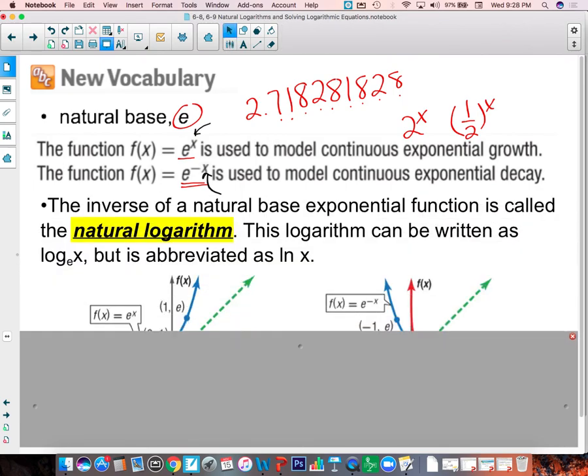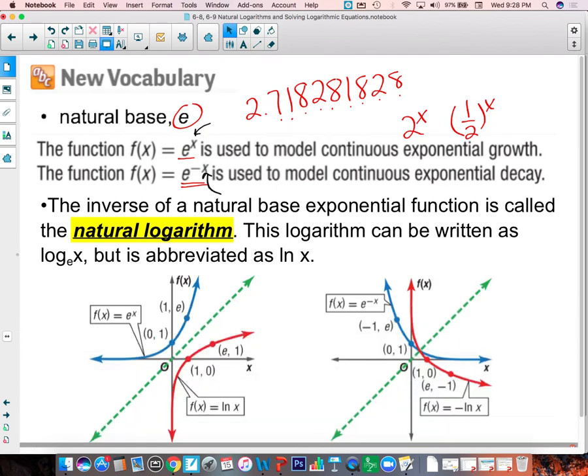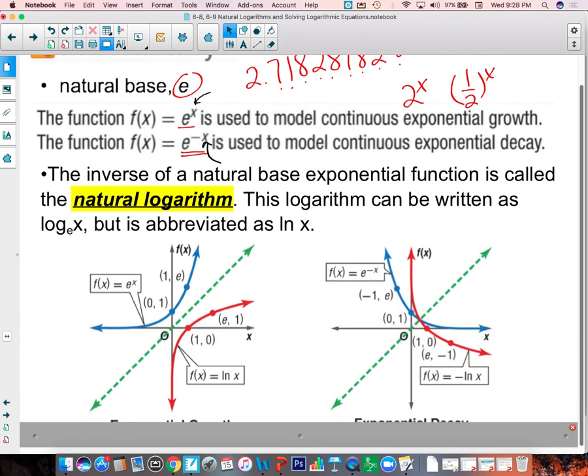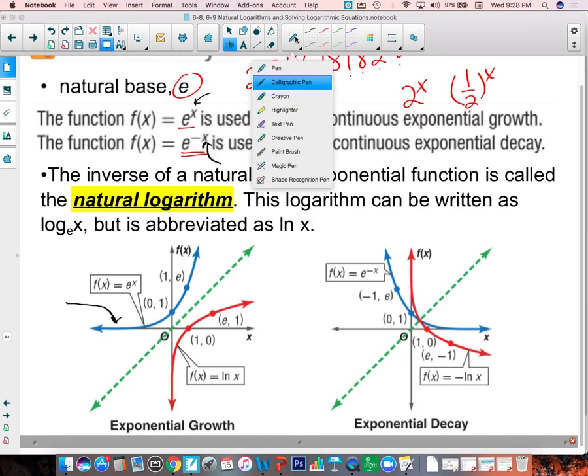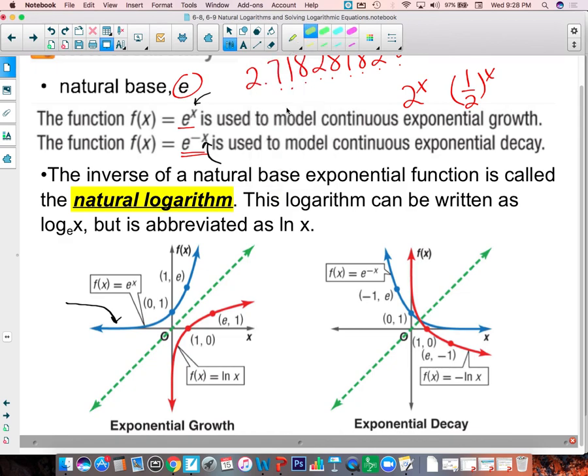And I have the graphs here. This is what they look like. Okay? So just look at these graphs for a second here. Kind of translate it a little bit. So e to the x, looking here, and I'm going to switch to a highlighter quick. Okay, e to the x, right there, that is your growth function. Okay, that should look like something we've done before.